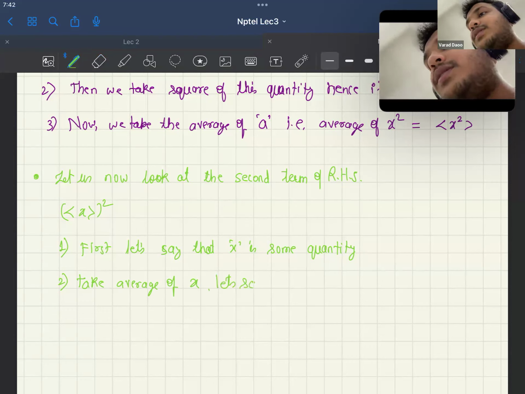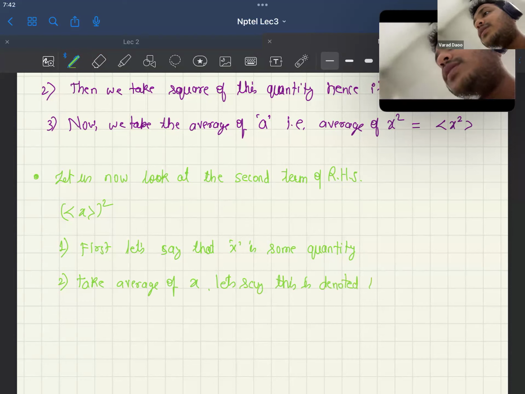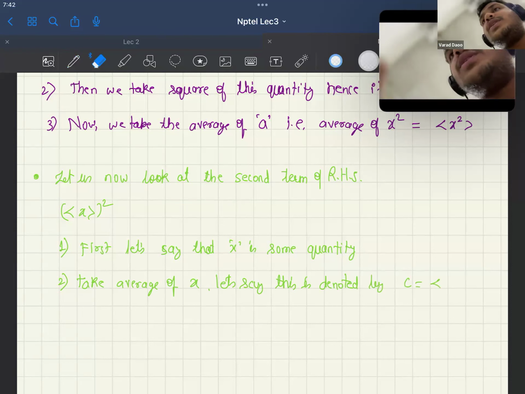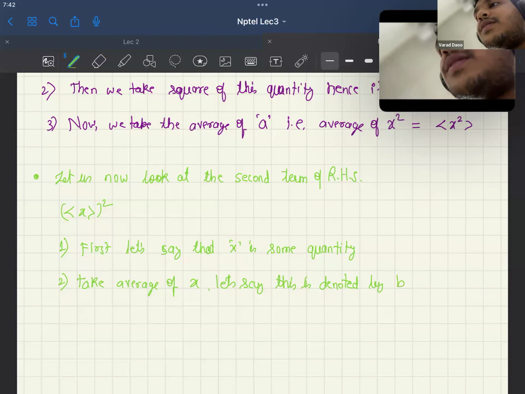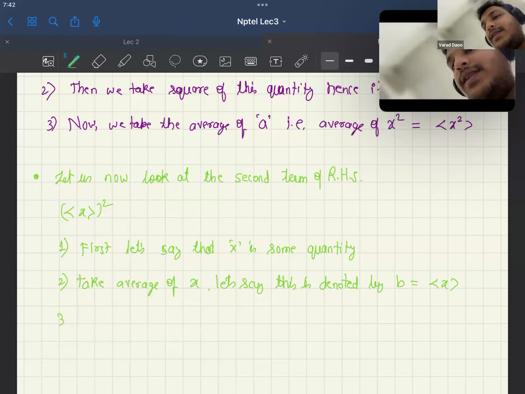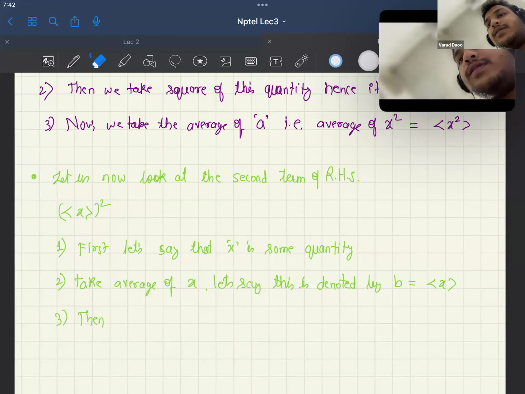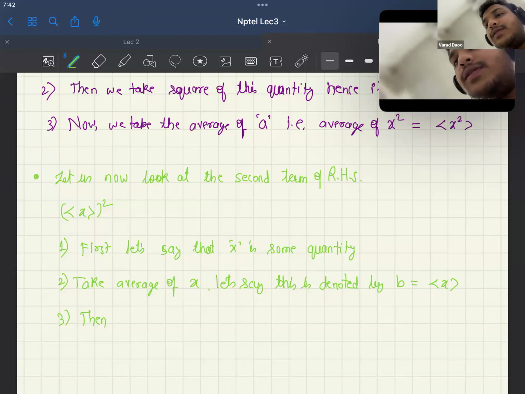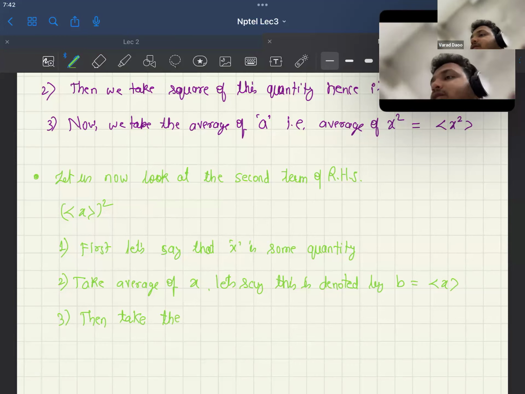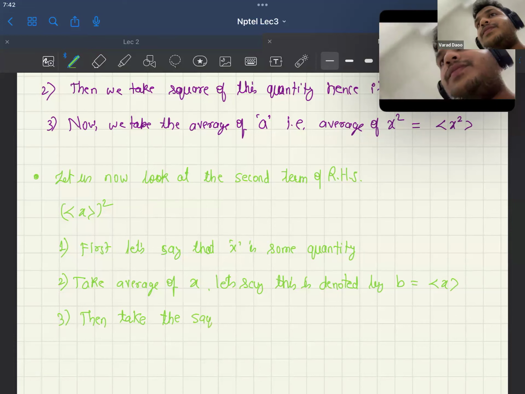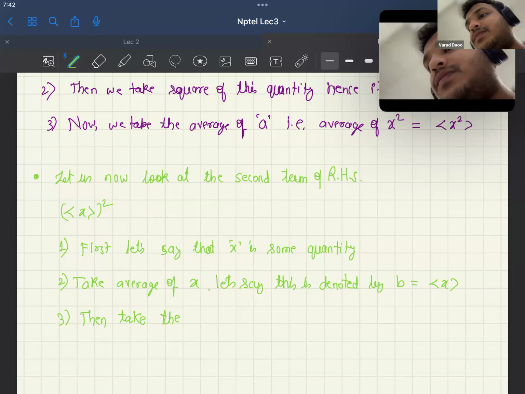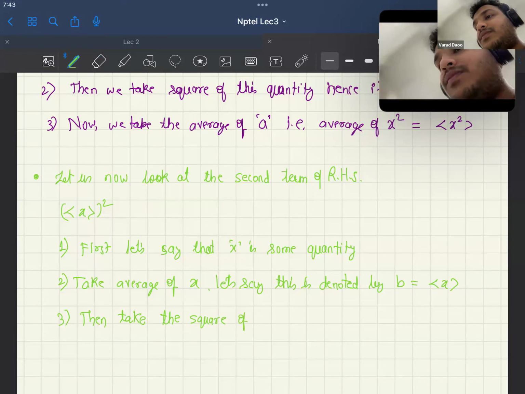Let's say b is equals to average of x, and then take the square of this quantity. Then it becomes what?